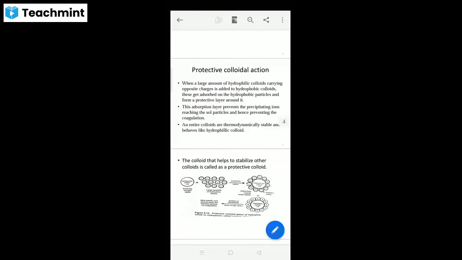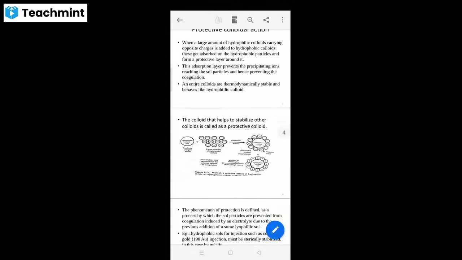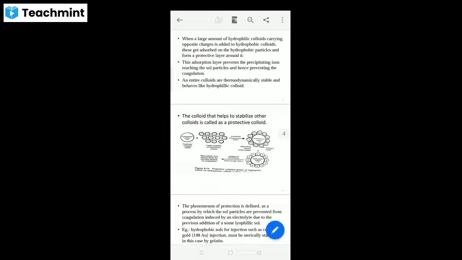The mechanism would be the same. All the negatively charged colloidal particles will get adsorbed onto the positively charged hydrophobic particle, and they will neutralize each other so that combinedly there will be no charge, and if there is no charge, there will be less chance of coagulation.